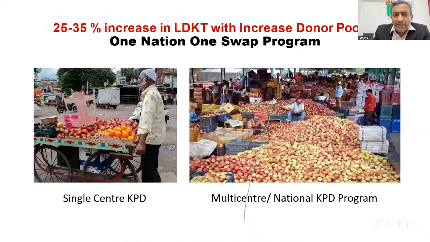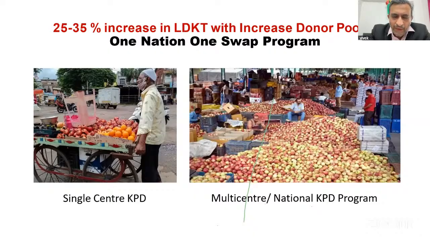So now it is time to start the national program. I would like to thank Dr. Anil Kumar sir, Director NOTO, for his recent advisory to all the states about the document checklist required for the swab transplant. It is already mentioned in the Transplant of Human Organs Act, and this advisory from NOTO is useful so that it decreases the waiting time to get legal permission for the swab.